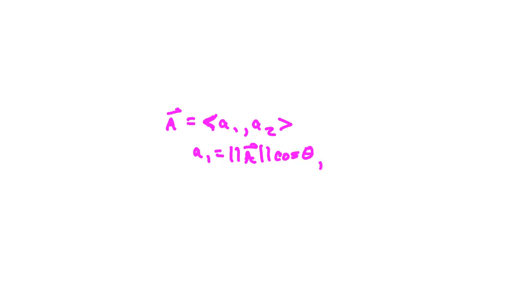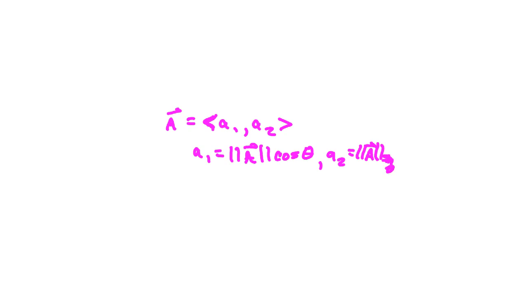So remember that we had from before, if a vector was A1, A2, then we knew that A1 equals the norm of A vector times cosine theta, and A2 equals the norm of A vector times sine theta, right?